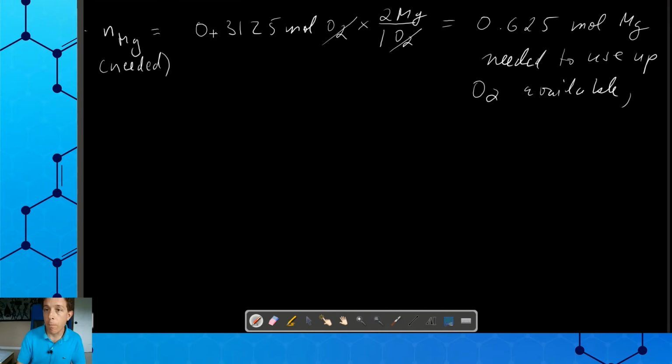So the 0.3125 moles of oxygen would require 0.625 moles of magnesium, but we only have a smaller amount available. So we only have, make sure we write that down, only have 0.2057 moles available.